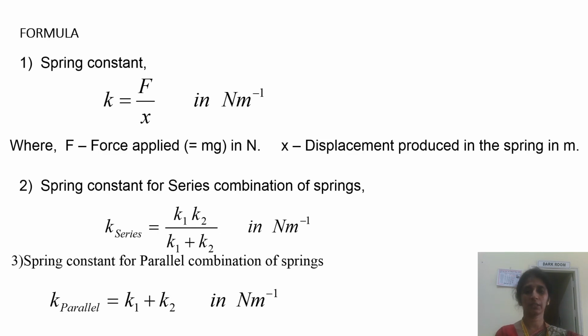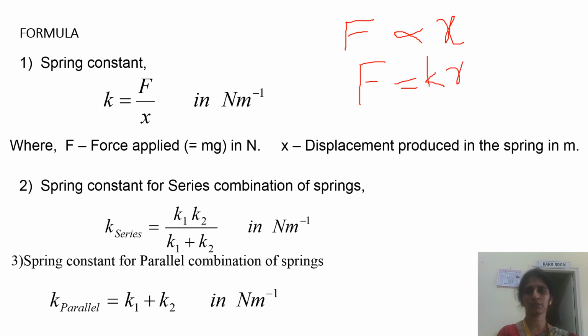So we know that according to Hooke's law, the restoring force developed in a spring is always directly proportional to the displacement, and it is opposite to the displacement. So I can say that F is proportional to X, and when I remove the proportionality sign, I will get a constant. That constant is called the spring constant or force constant.